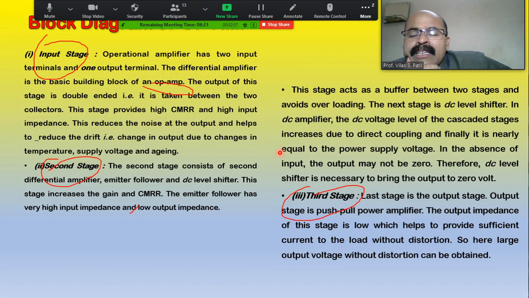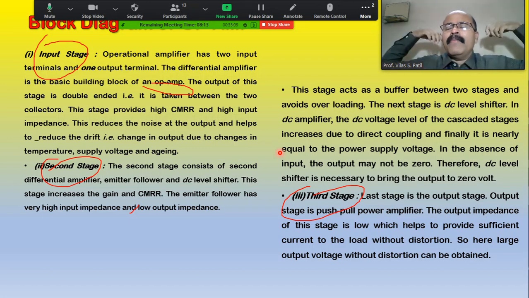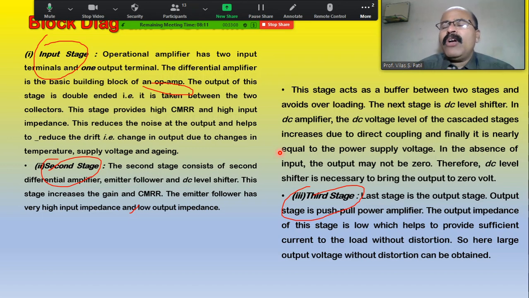In absence of the input, the output may not be zero, and therefore the DC level shifter is used here. Friends, what is the application of the level shifter? Why is the level shifter used?